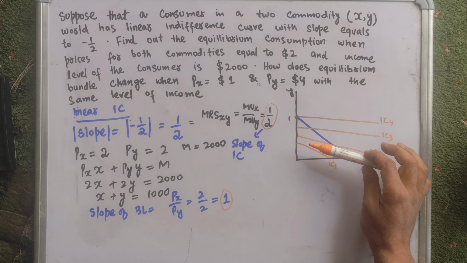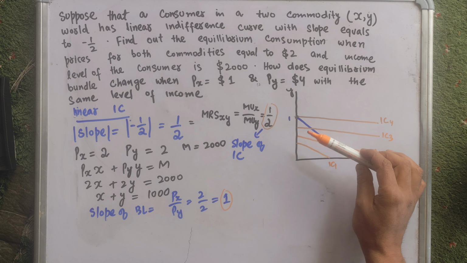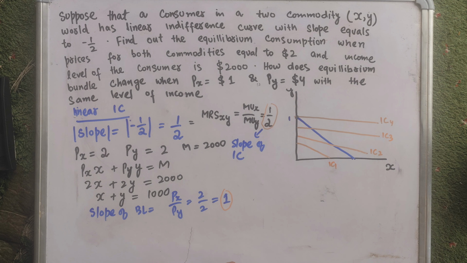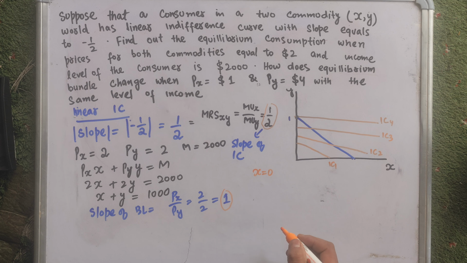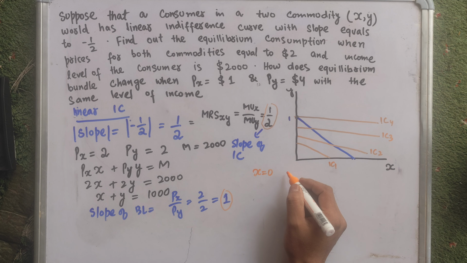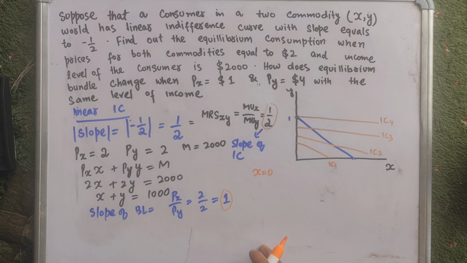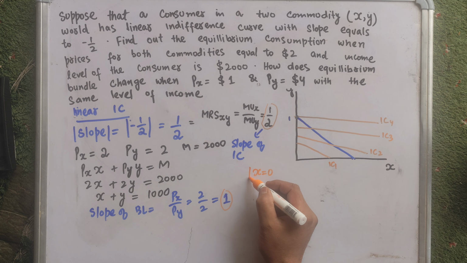Since the indifference curve is flatter than the budget line, that means our optimal bundle will be that the consumer consumes 0 units of good X and all units of good Y. That means X is equal to 0.